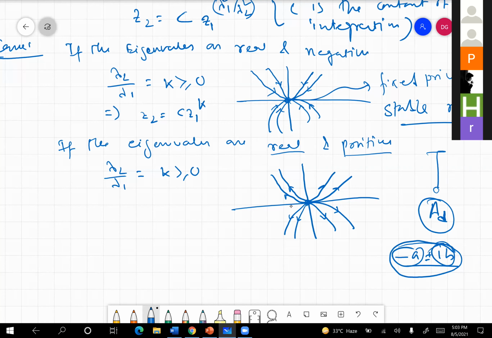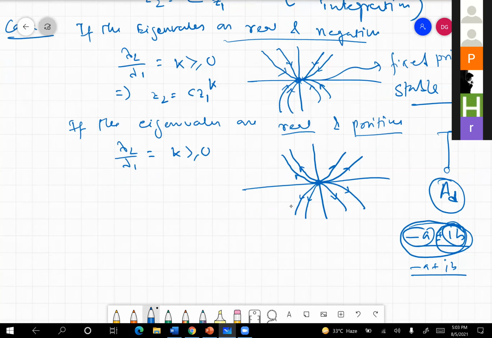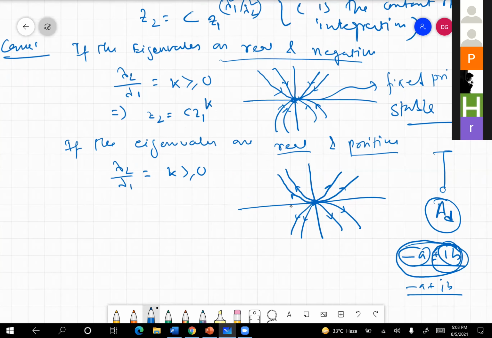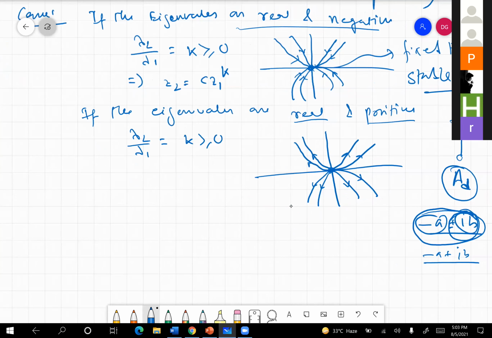But here this part is 0, so it is more stable. Here I have considered real and negative, so it is more stable. But in our case we have eigenvalues in ib form, which I'll come to later, maybe just after a few minutes. If the eigenvalues are positive, your system is diverging. You can't make it stable, so in that case you need to design your control, right?